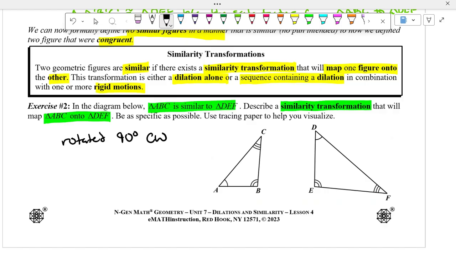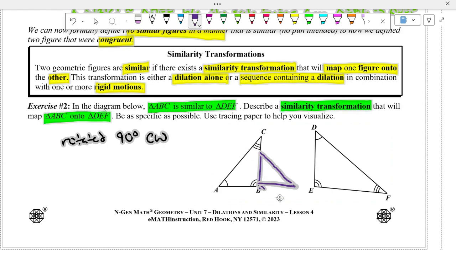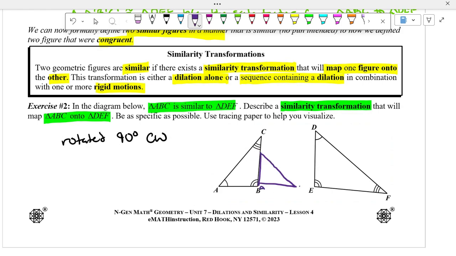Once we rotated it, it would look something like this. So here's A, C, and B. Now I drew it smaller than it actually is, but you guys get the gist.